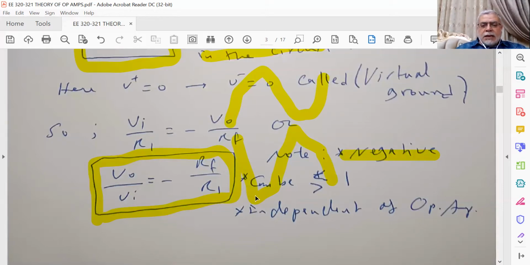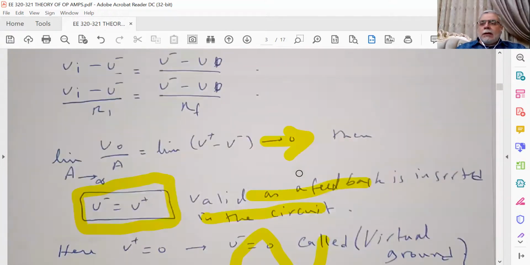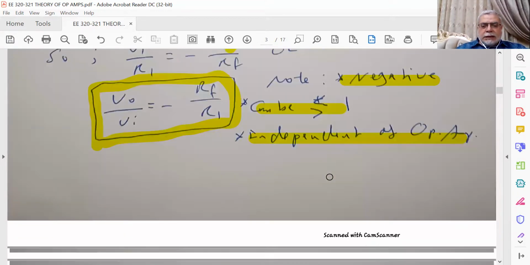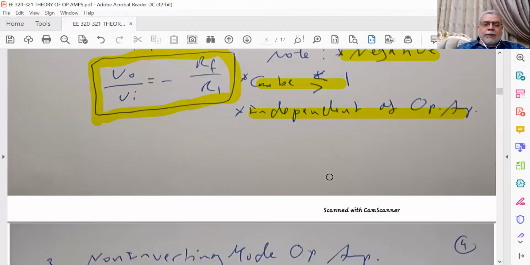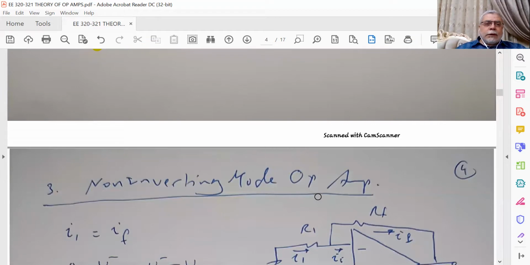This is the first property. The second, this gain can be greater than 1, smaller than 1 in amplitude, or equal to 1 in amplitude if RF equals R1, with a negative sign. And finally, it is independent of the op-amp. Remark that it is independent of A, RI and RO, etc. for the ideal operational amplifier. This is the first type of operation.